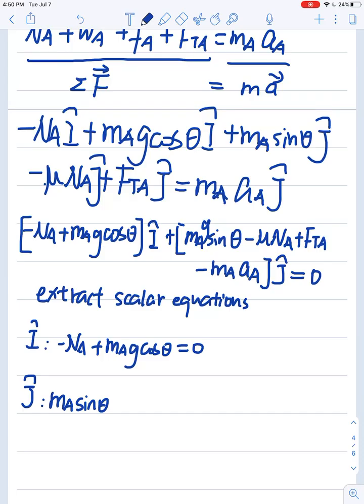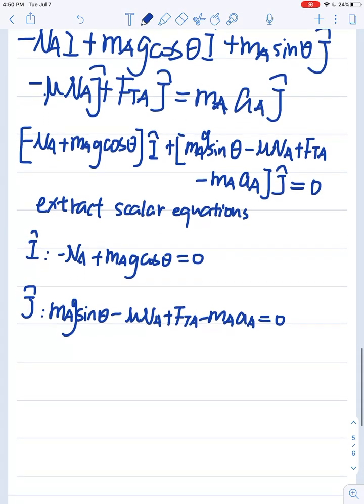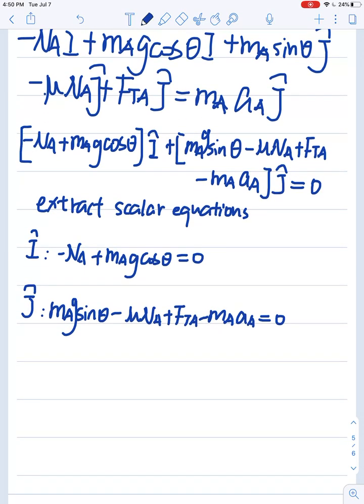I think we're missing a g here. G, minus mu NA plus FTA minus MA AA equals 0. Okay, now you have two equations. These are the first two scalar equations. Call them equation 1 and equation 2.